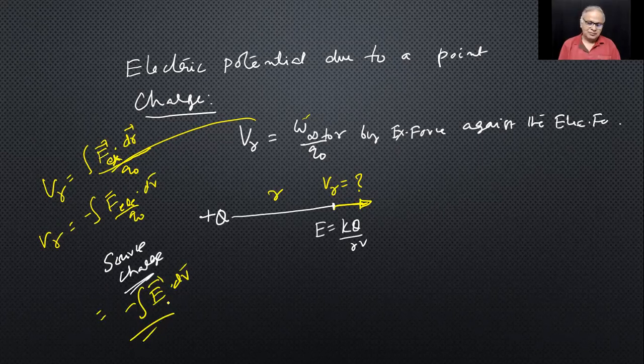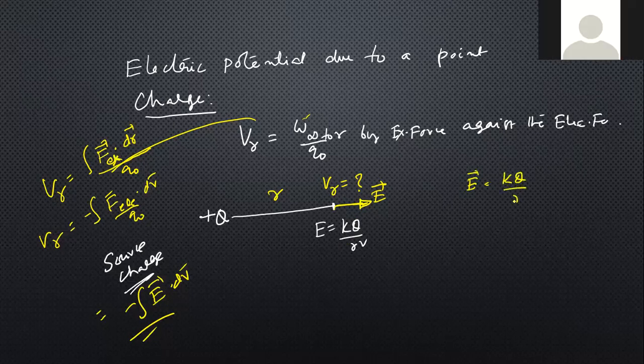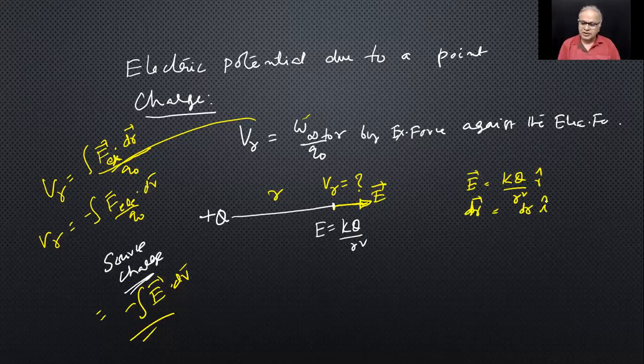So now look at this. This is E dr. What should I write now for E? E equals kq by r square r cap, and dr equals dr r cap, isn't it?